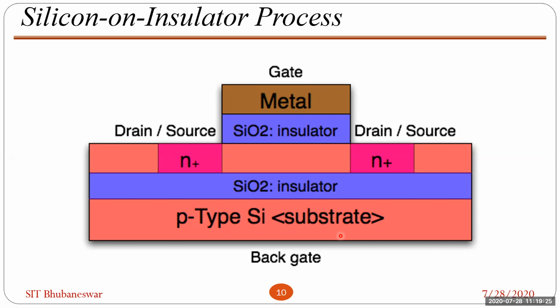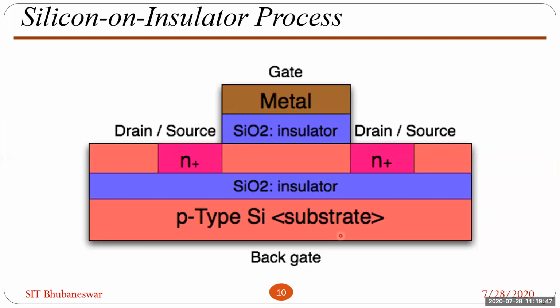Now, body effect is different. Body effect means suppose between your source and body there is a voltage difference, then the threshold voltage will vary. That is different.